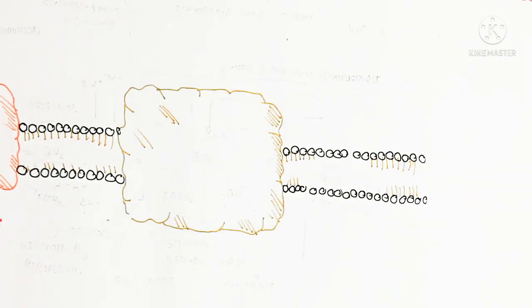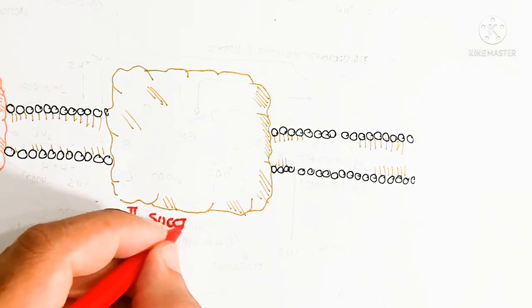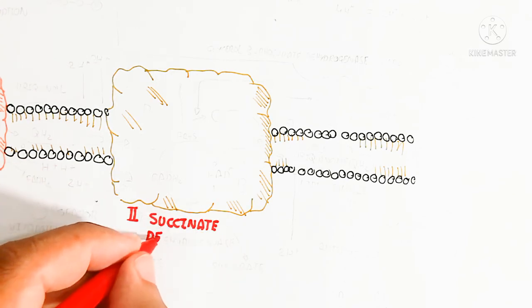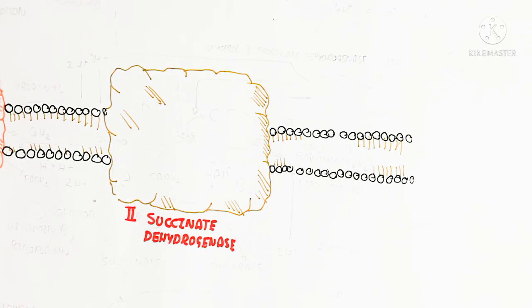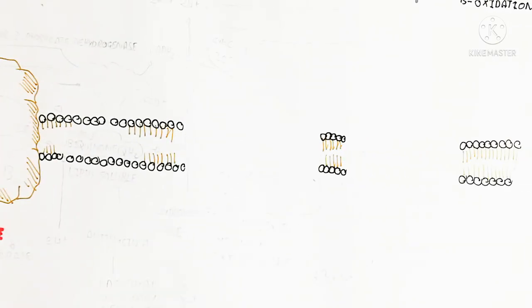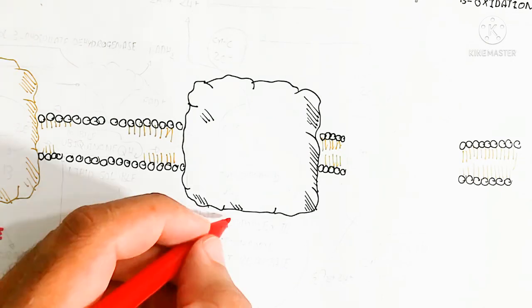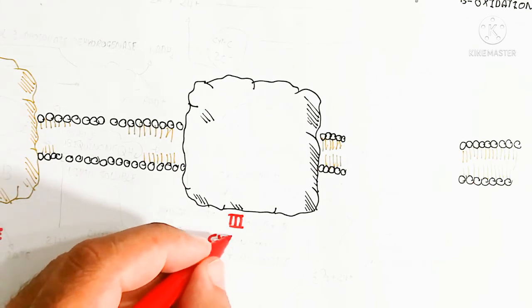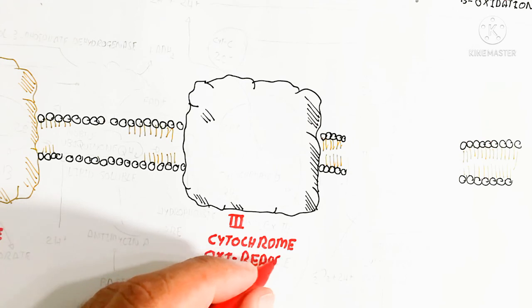Here is the next electron channel we will discuss, complex 2 of the electron transport chain, which is known as succinate dehydrogenase. During the Krebs cycle, the succinate dehydrogenase enzyme is used to convert FAD into FADH2.